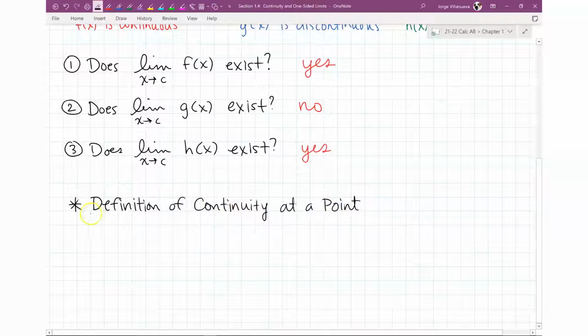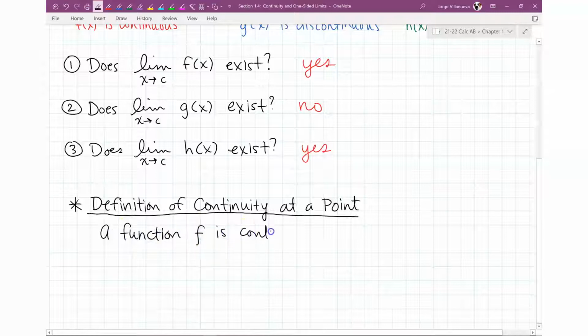So if I ever want to check, is a function continuous at a point? How do I do that? Well, it takes 3 steps. Let's just write down the prerequisites first. So it says a function f is continuous at c if the following are all true.